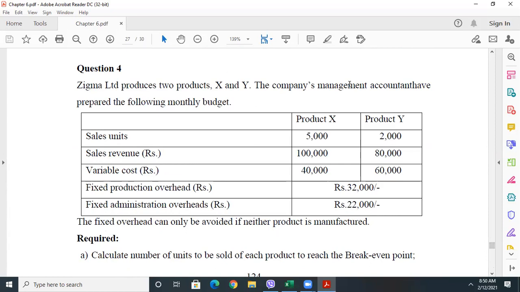You plan to produce 5,000 units of X and 2,000 units of Y. Sales revenue is given, the variable cost is given, fixed production overhead is given, the fixed administration overhead is also given. The fixed overhead can only be avoided if neither product is manufactured. In the sense, even if you still make a single product, the fixed cost is there.